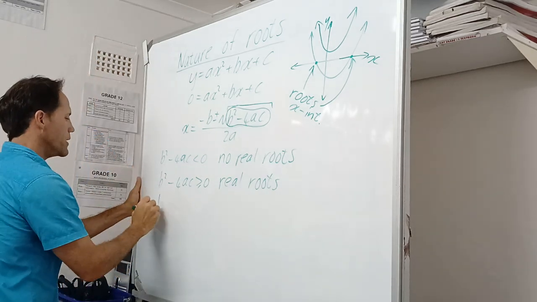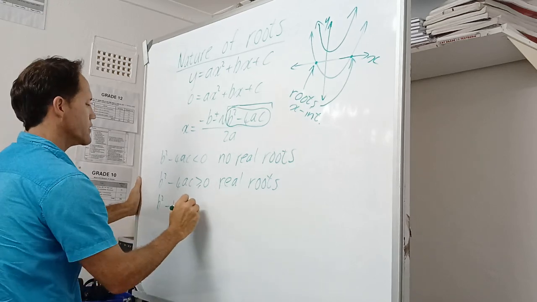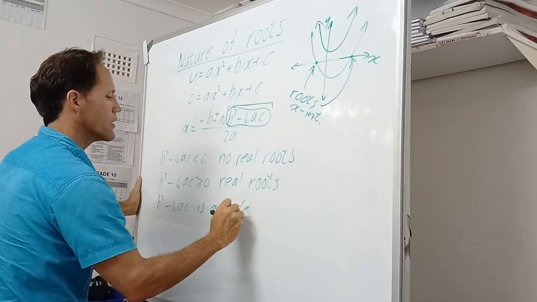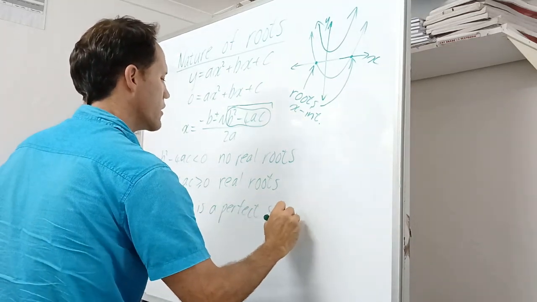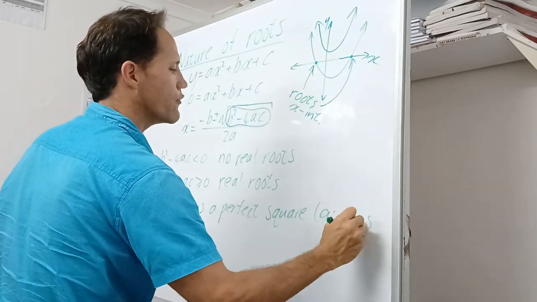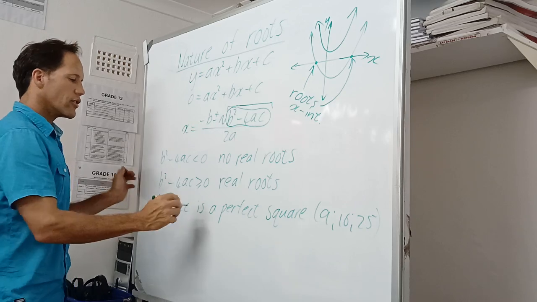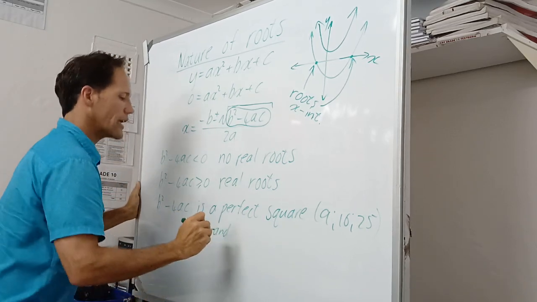So if b squared minus 4ac is a perfect square, okay, for instance 9 or 16 or 25 or any number like that, then you can say it's going to be real and rational.